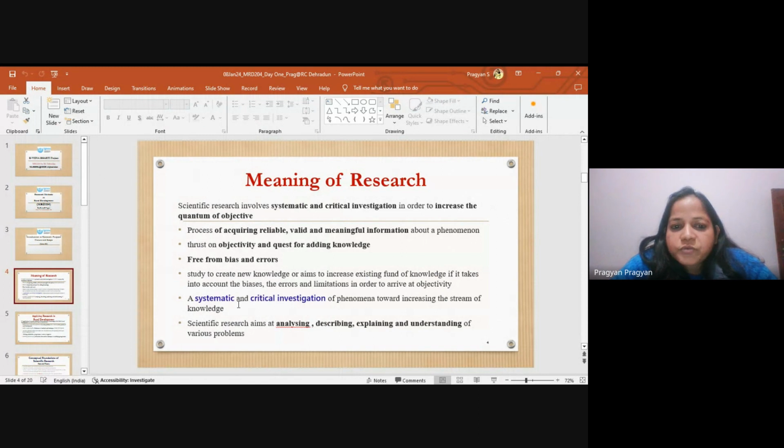What is this objectivity? This is going to be a very complicated issue in our case. Why? Because in rural development, we can't talk about specific research which is lab based, because we are not going to do that in the experimental procedure.